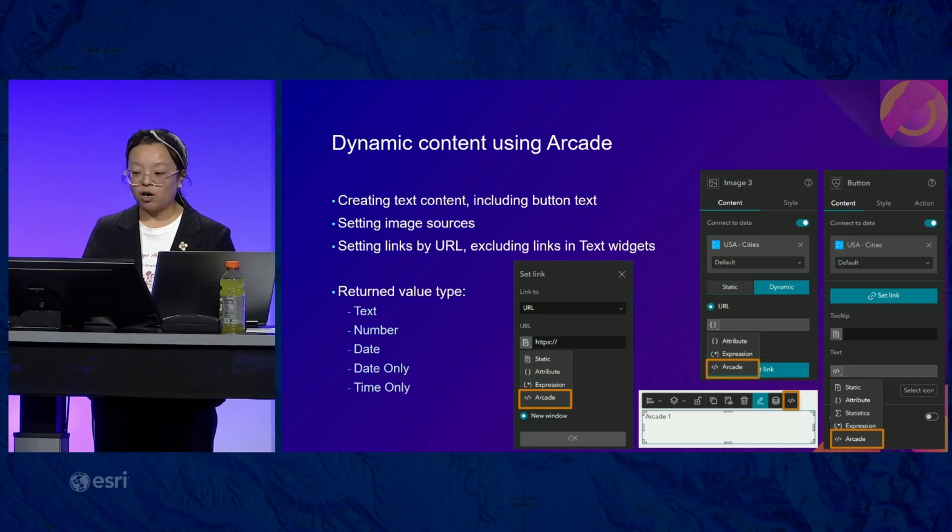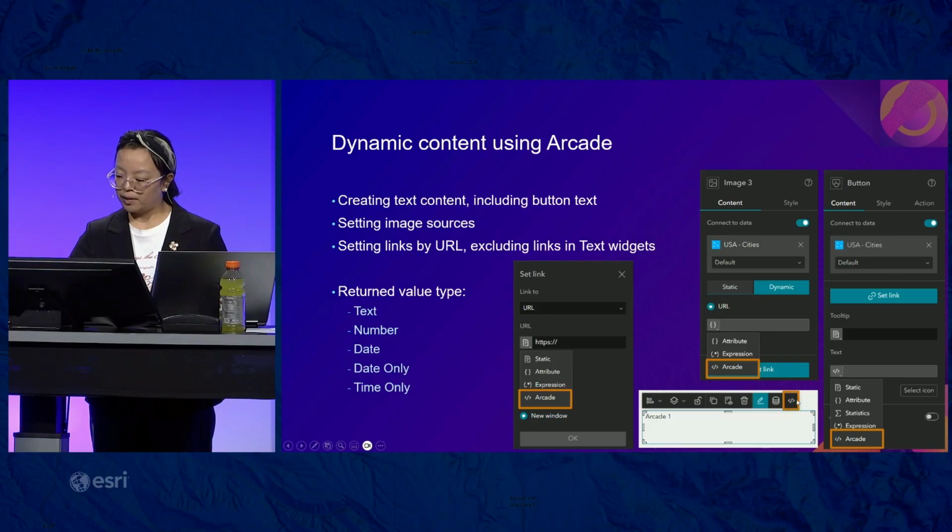Instead of adding content directly from a field or a statistic, you can write expressions that compute values based on logic, conditions, and functions. Experience Builder supports using dynamic content in the following ways. The first is creating text content, including button text.